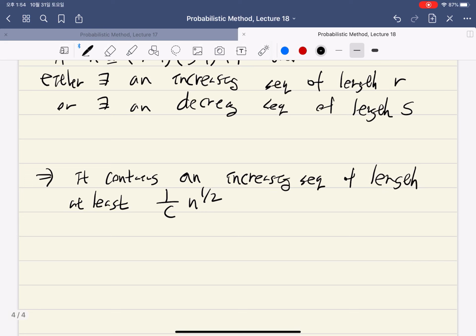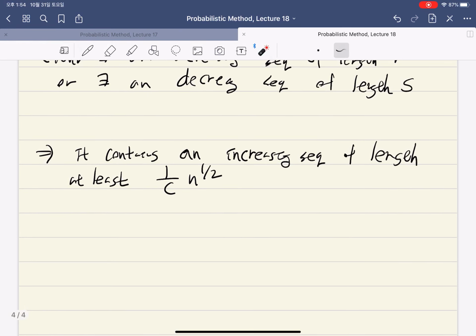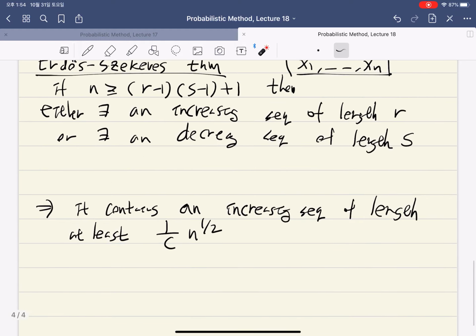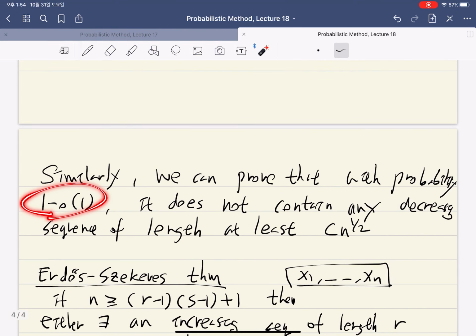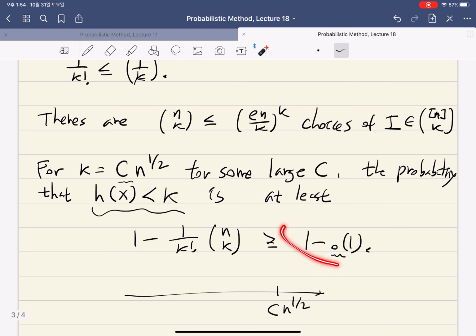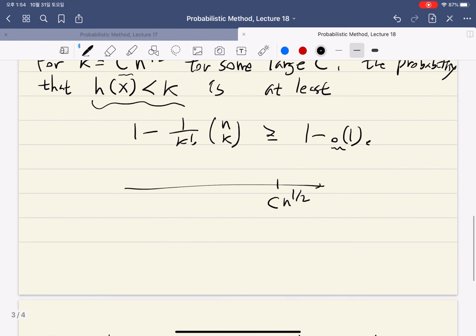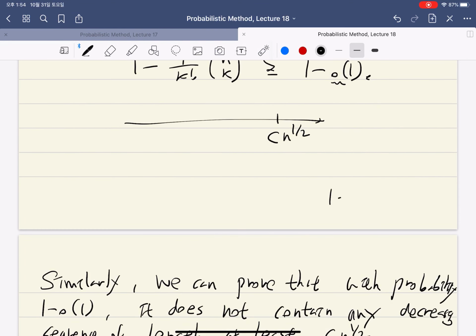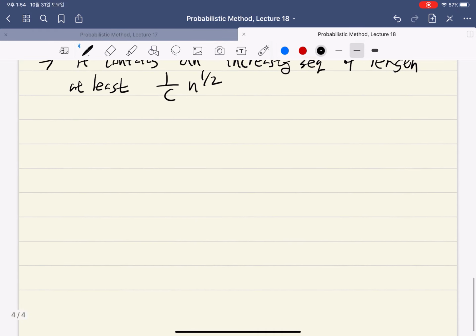So what we know is that if we assume this event happened and this event happened, both events happen with probability 1 minus o(1).